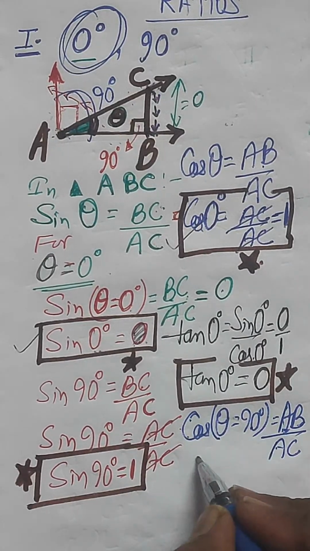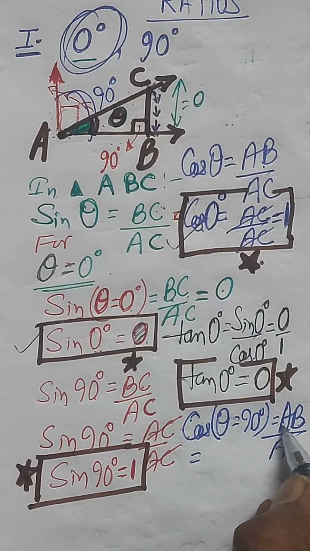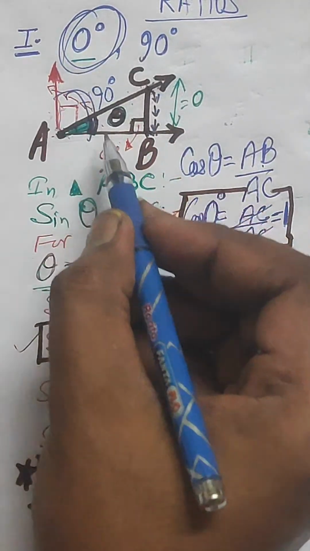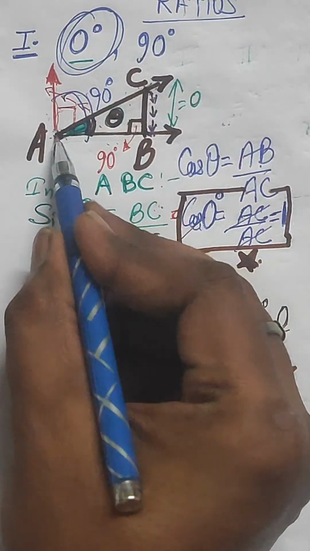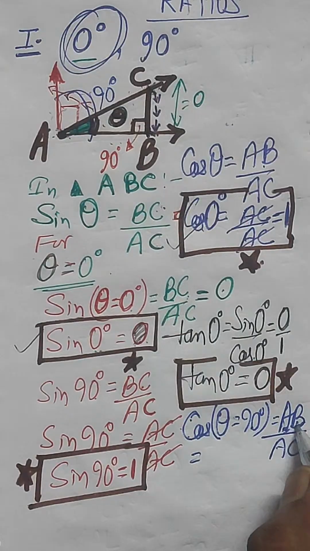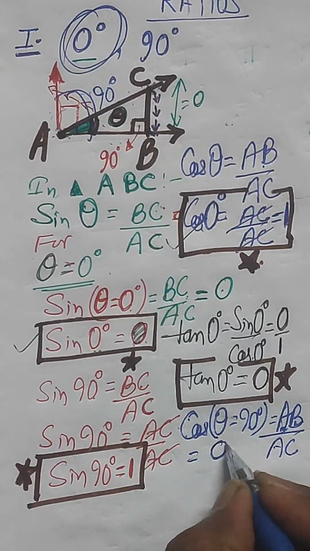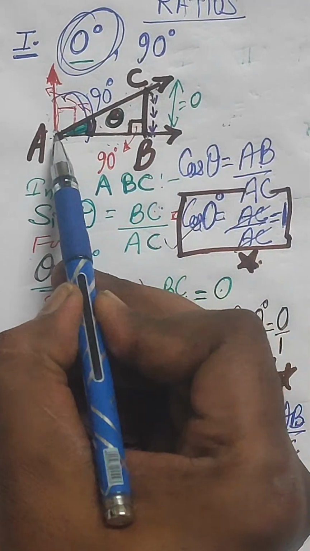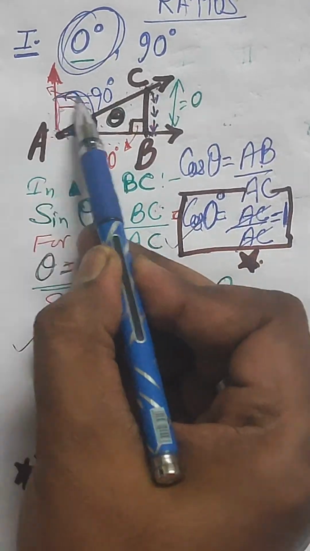So for cos 90 degree, for forming an angle of 90 degree, this B should collide with A. Understood? So in place of AB, it will be 0, because unless and until B moves to A, this 90 degree will not be formed.